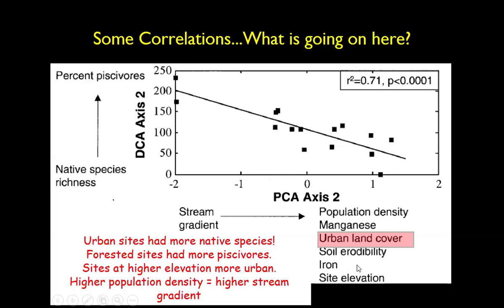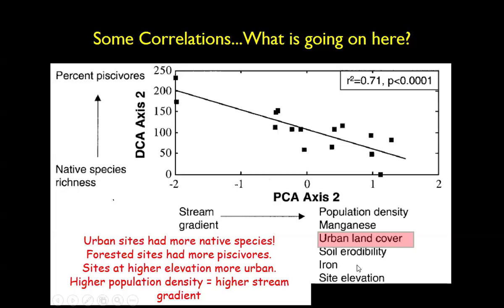so these urban areas had more species, and those included a fair amount of tolerant ones. So like native sunfishes, for instance, were here. And there was just some other weird stuff going on, that the places that were urban and where there were lots of people had higher stream gradients, had higher elevation, a lot of kind of funky stuff.